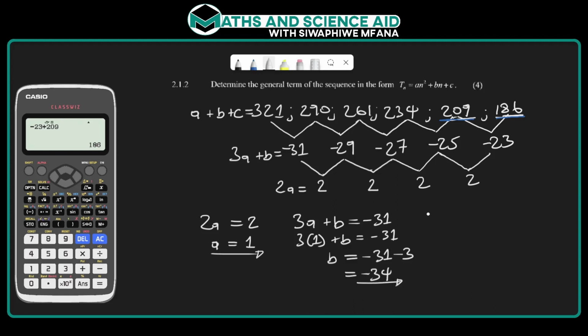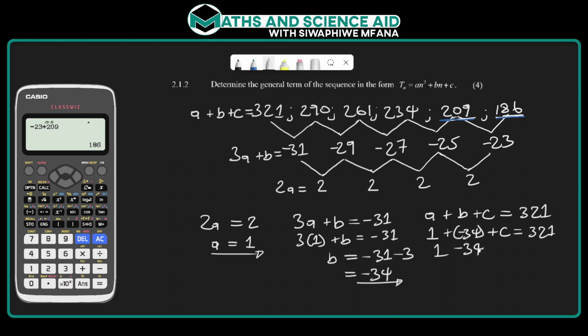And now, lastly, we can work out c from the equation a plus b plus c is equal to 321, right? Because we know that the value for a is 1. We have also shown that the value for b is negative 34. So plus negative 34, and c is our only unknown. So that is equal to 321. Obviously, a positive multiplied by a negative is a negative.